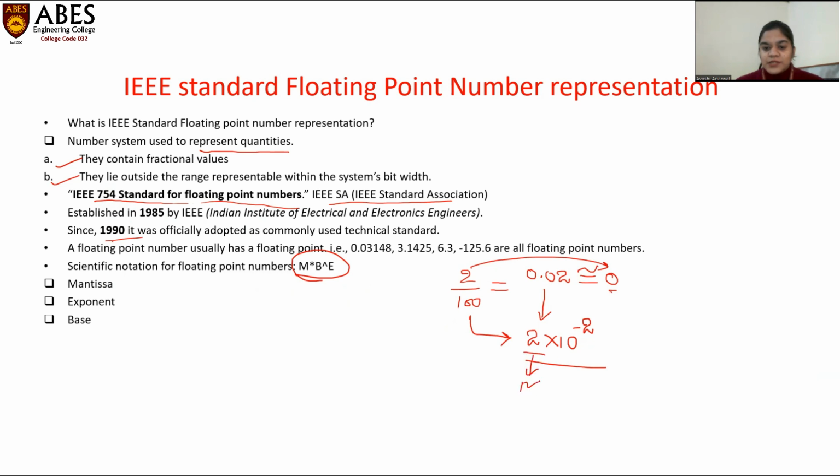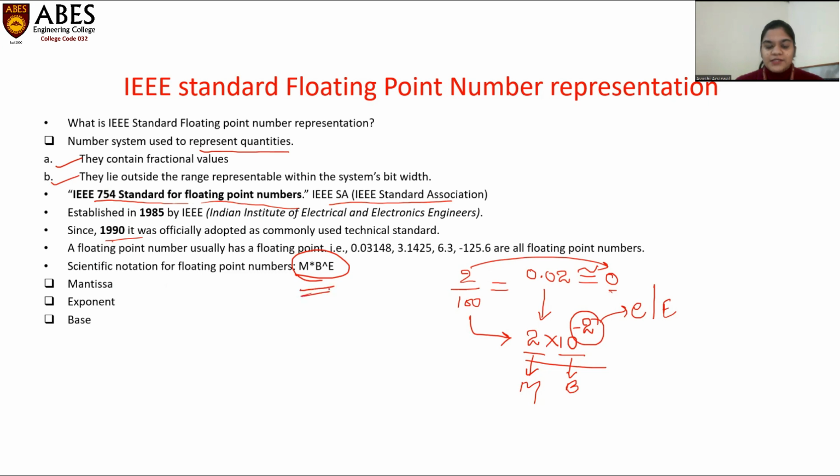M stands for Mantissa. This 10 stands for base, which we abbreviate as capital B, and this minus 2 is our exponent. We can abbreviate it as small e, or as capital E. So this is our scientific notation for floating point numbers, m into base to the power of E.